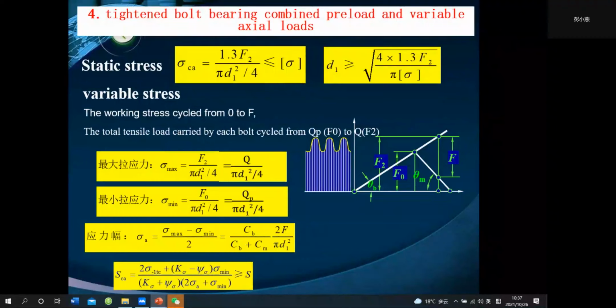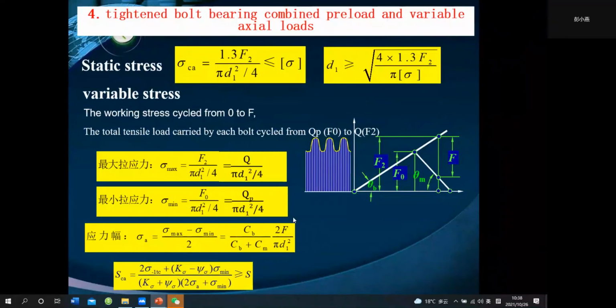Last week we learned the stress criteria of alternating stress. We considered it under three conditions: the stress ratio is constant, or the mean stress is constant, or the minimal stress is constant.